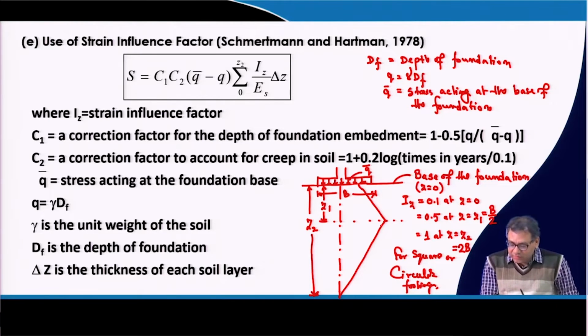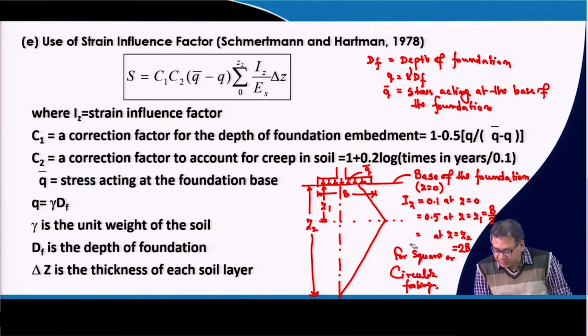Okay. So, now how will this Iz value be calculated? Sorry, this is not 1, this should be 0, because it will increase, then it will decrease. So, it will start from 0.1 at the base of the foundation, then it will increase up to z1, which is b by 2, where it is 0.5, then again it will decrease.